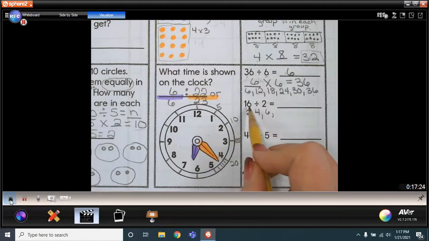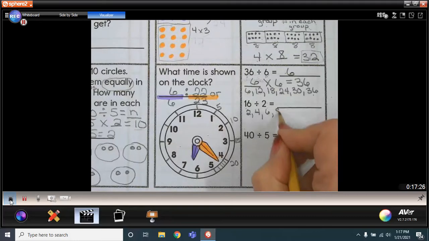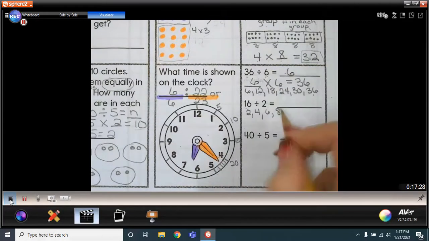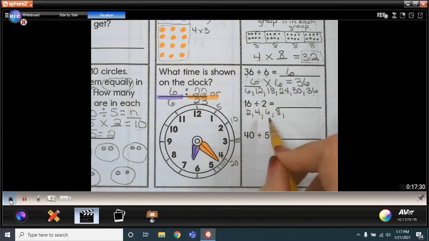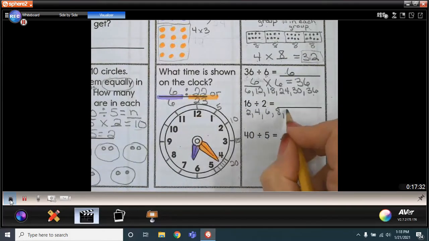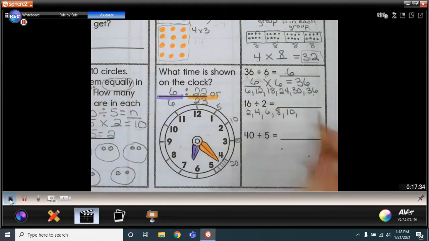Another 2, that leaves me with 8. Another 2, now I'm at 6. Take 2 more out, now I'm at 4. Take 2 more, now I'm at 2.